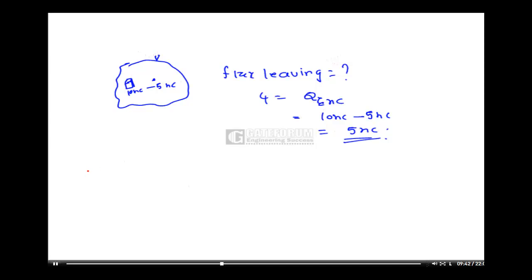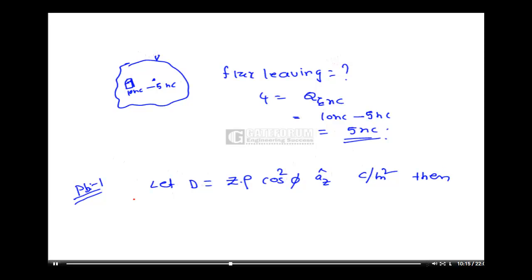Now we will work out some problems based on Gauss law. Problem 1: let D is equal to z rho cos square phi az cap coulomb per meter square. This is the flux density given.